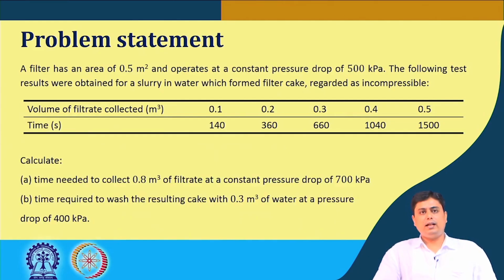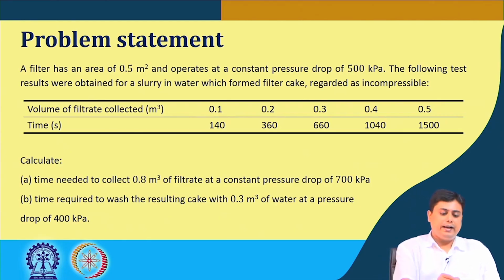The problem says that a filter has an area of 0.5 square meters and operates at a constant pressure drop of 500 kilopascal. The following test results were obtained for a slurry in water, which formed a filter cake assumed to be incompressible in nature.